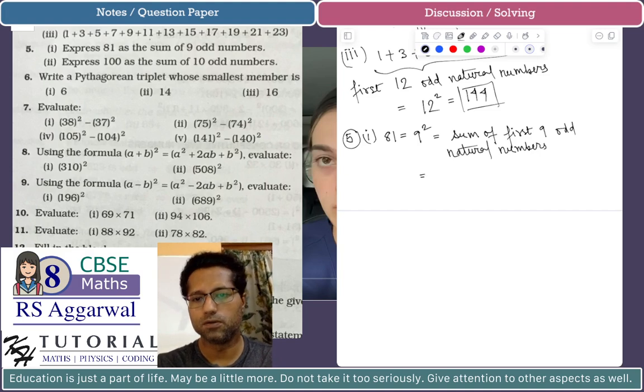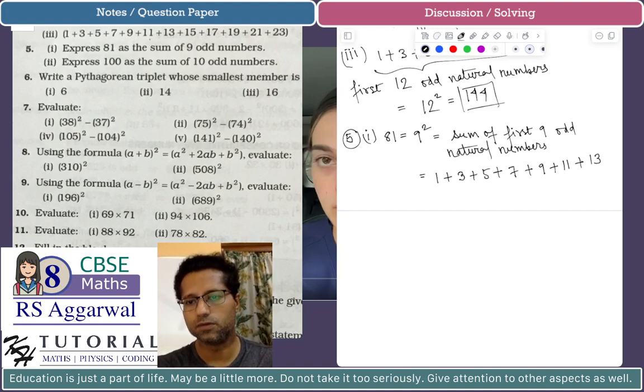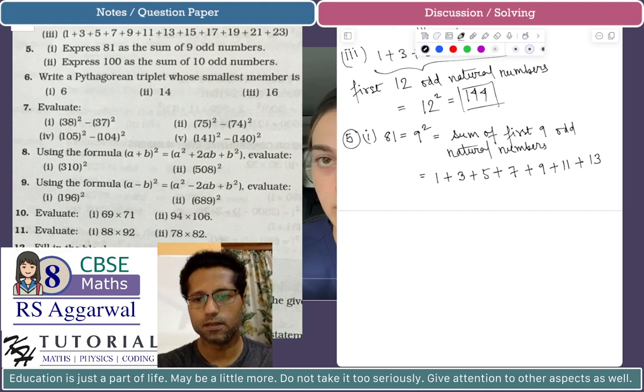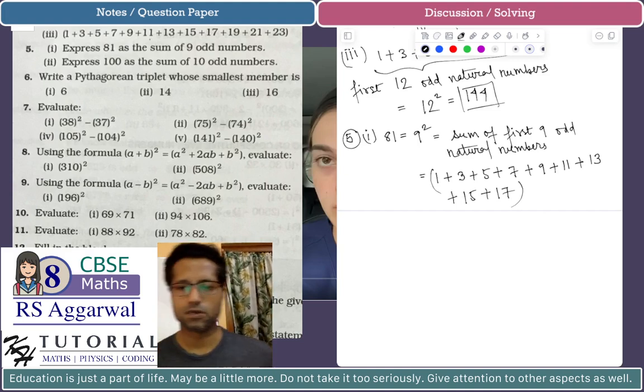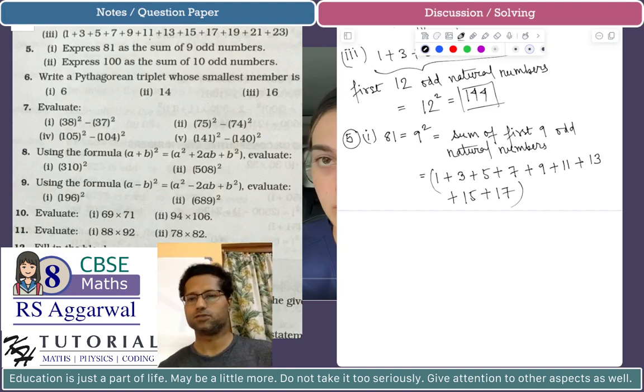So this is equal to 1 plus 3 plus 5 plus 7 plus 9 plus 11 plus 13, and so on: 1, 2, 3, 4, 5, 6, 7, 8, 9. So this is how we express 81 as the sum of the first 9 odd natural numbers.